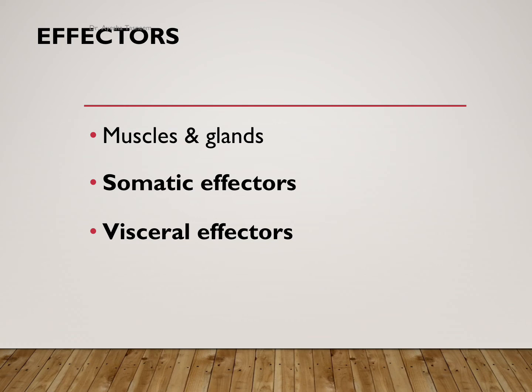While in the case of visceral effectors, the axons of the nerve endings are unmyelinated and are located in the ganglia of the autonomic nervous system, and the fibers go to cardiac and smooth muscles plus glands as well.